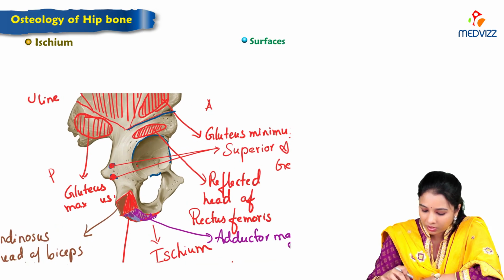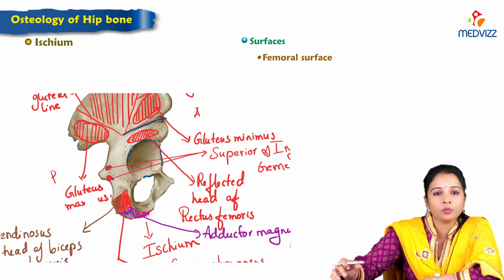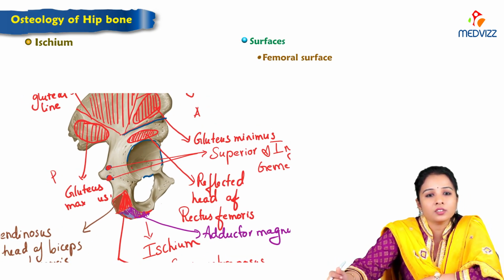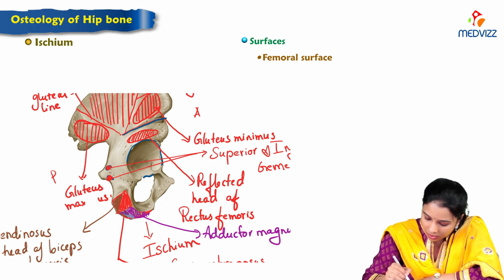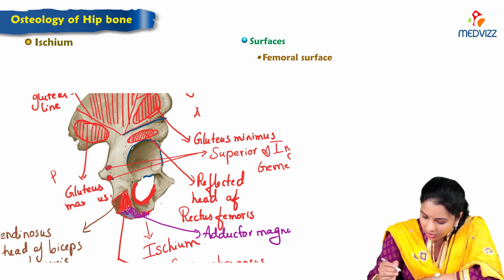The outer surface of the ischium is called the femoral surface, and it gives attachment to obturator externus, which arises from this surface along the obturator foramen. So here is the obturator externus muscle, along the obturator foramen.